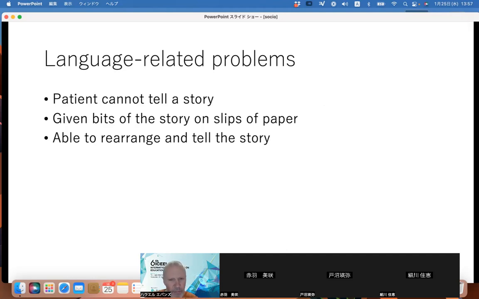So again, I want to just emphasize this. You get the symbol, right? In this case, the piece of paper with the bits of the story written on it. That's the symbolic input here. And you use it as the symbolic tool. The symbolic tool then structures the thinking, right?